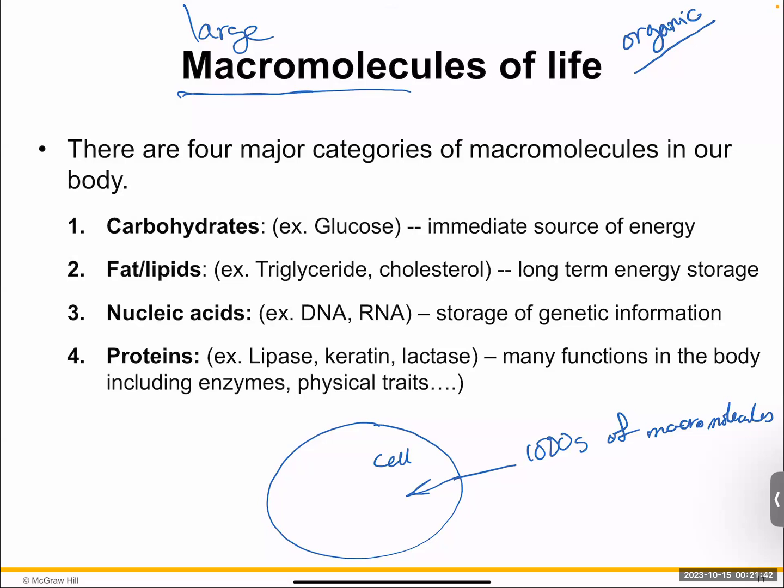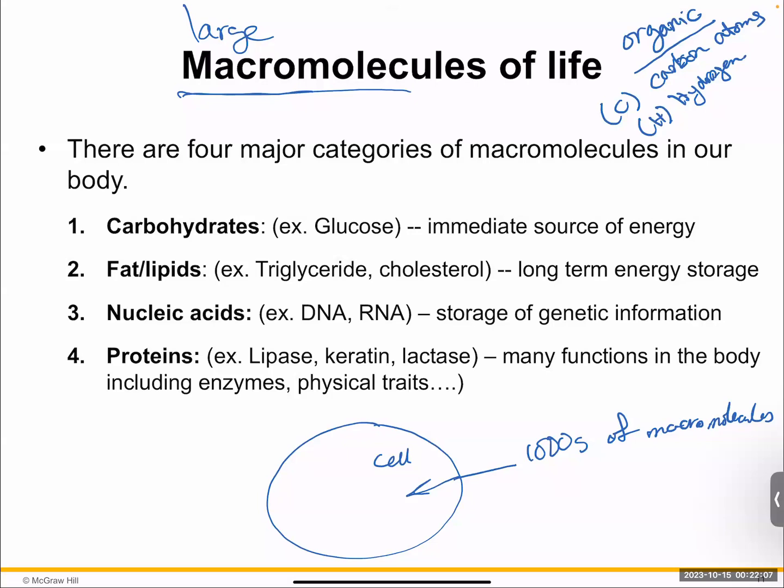The word organic implies that all of these molecules contain carbon atoms, depicted with the letter C, and they always also have H, which stands for hydrogen. At minimum, all of them will have carbon and hydrogen.